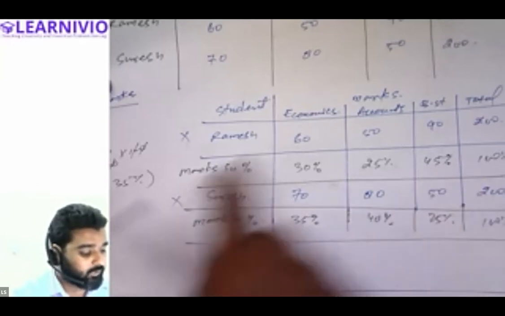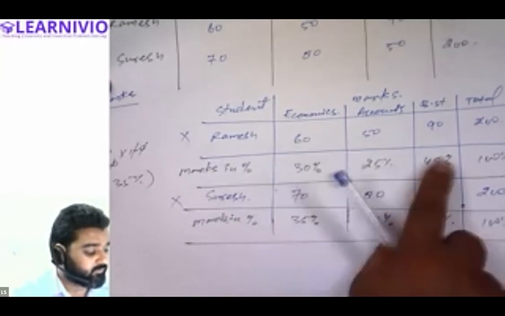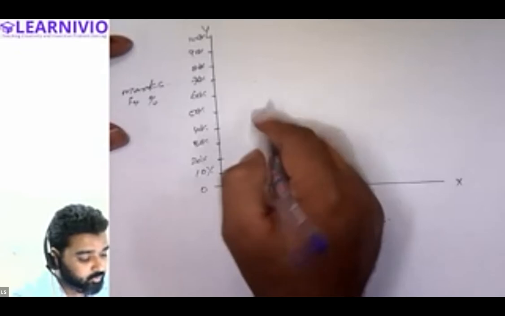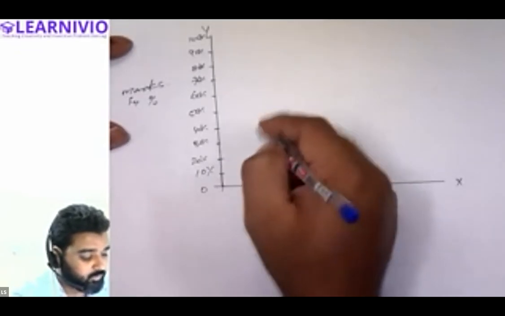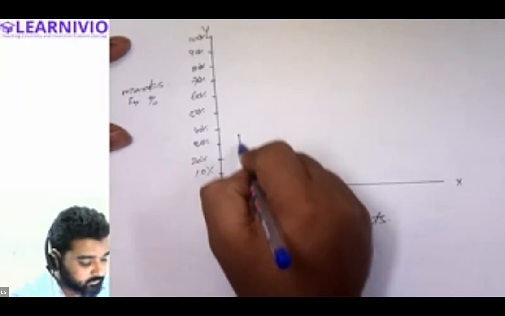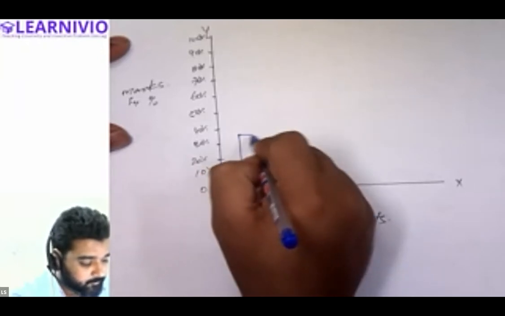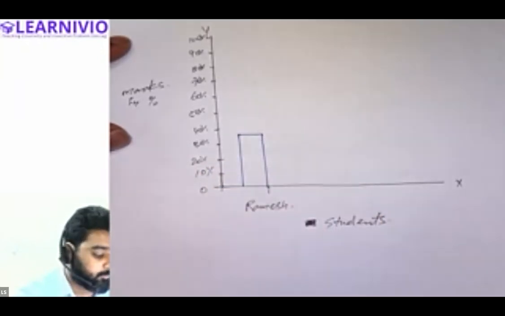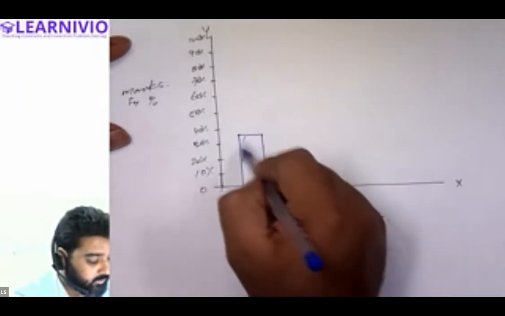So marks in economics is 35, then 25, then 45. Marks scored in economics is 35%. So we will first be preparing the bar for the marks scored in economics. 35% will be somewhere here. So let's assume this is 35%. This indicates marks scored in economics, 35%. So we will shade it differently.